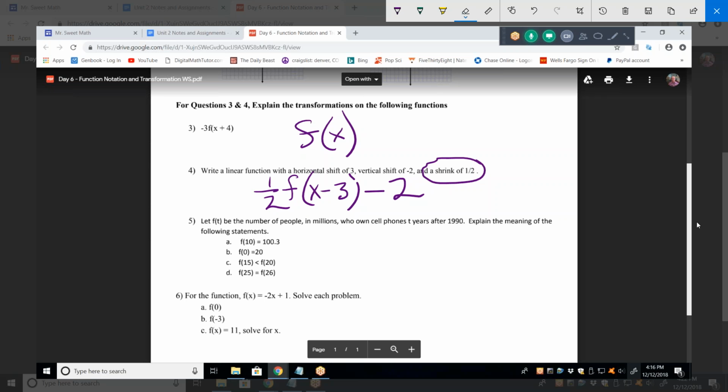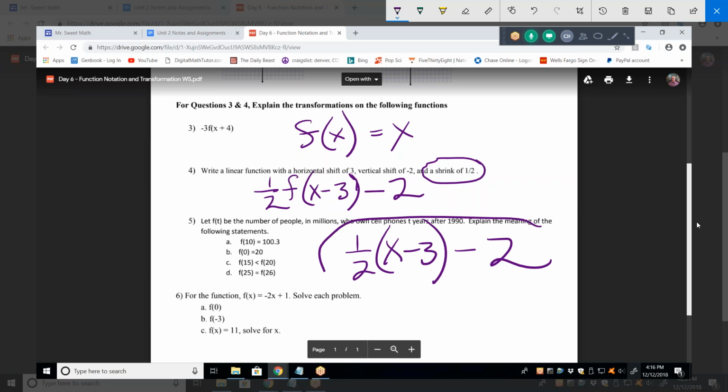And that's our answer. Now, it says write a linear function. So if f of x was equal to x, like in the previous cases, then my function would be 1/2 x minus 3, all minus 2.